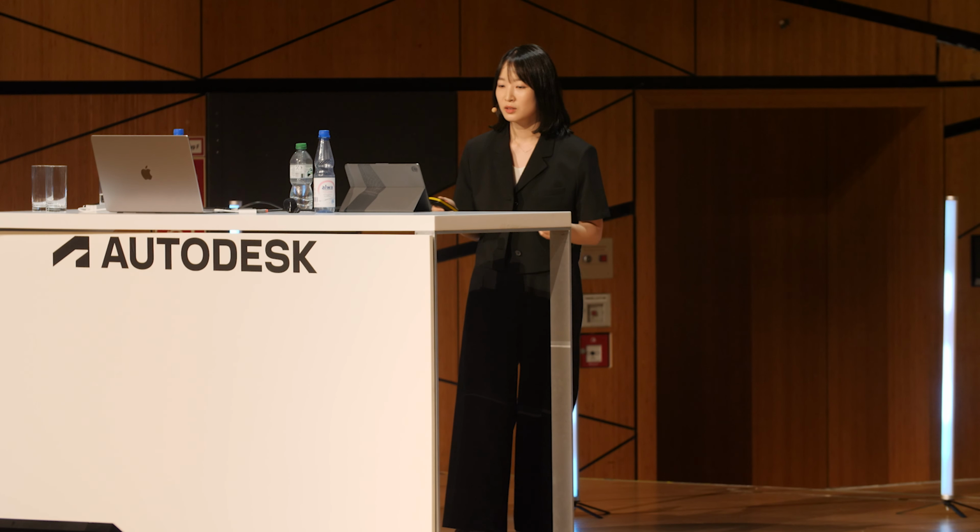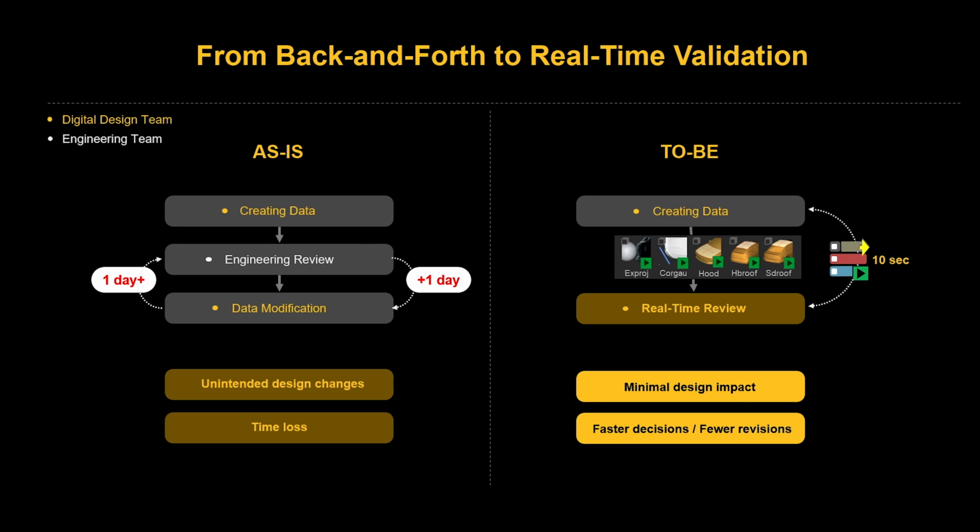Until now, to check whether our design met the requirements, including external projection, we always had to request the reviews from the engineering team. That meant converting the data, submitting it for review, waiting for feedback, making changes, and repeating the process again.